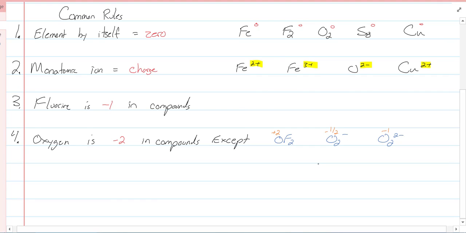If we draw the Lewis structure of O2- superoxide, we have 6 and 6, 12, 13 electrons. 2, 4, 6, 8, 10, 12, 14, 13. So we have a radical here, and that radical is going to go back and forth.